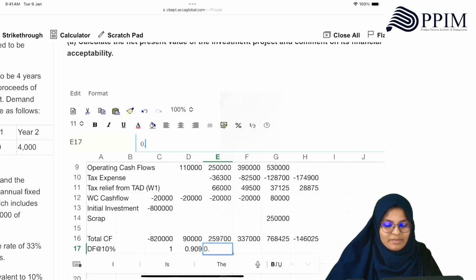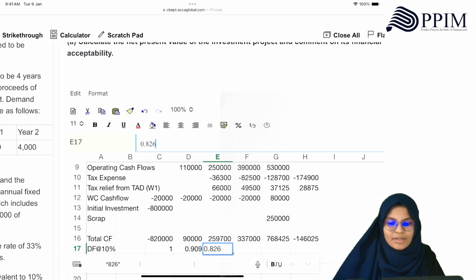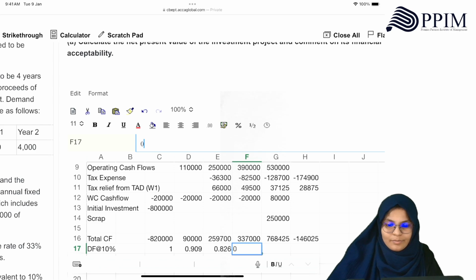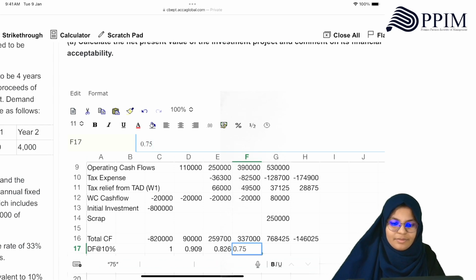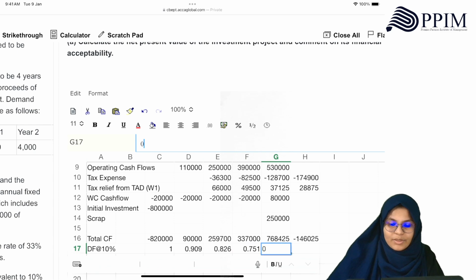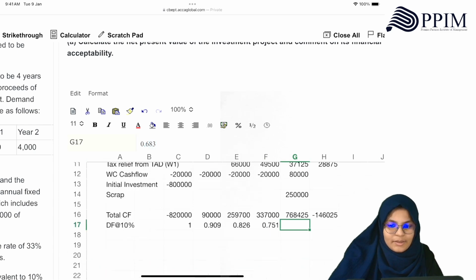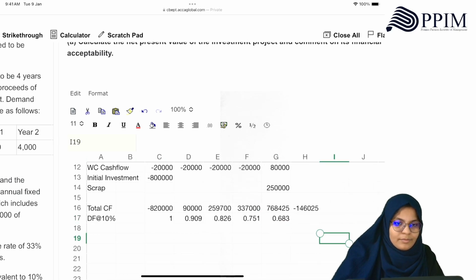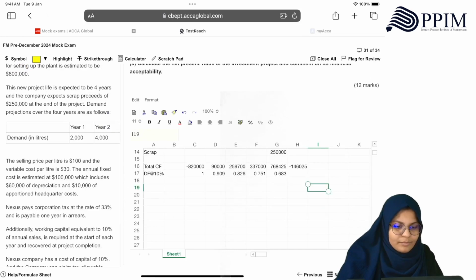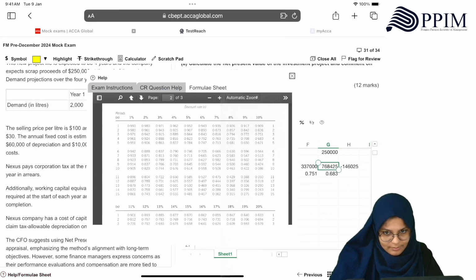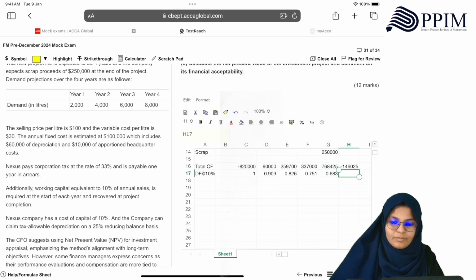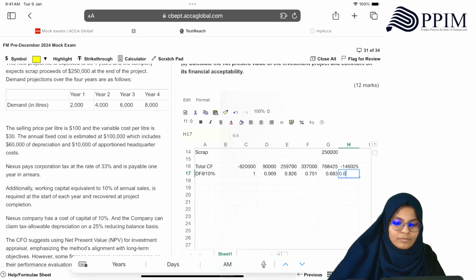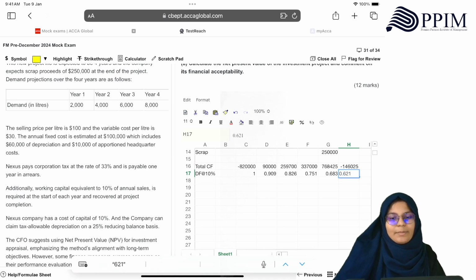I'll show you how to do it with the spreadsheet also. 0.826, 0.751, 0.683, and 0.621. Okay, so then multiply the figures, right?